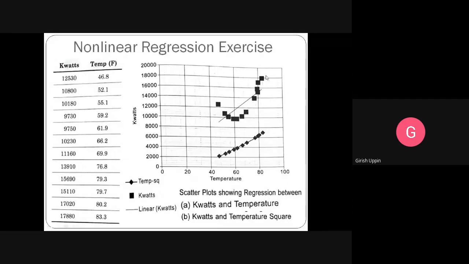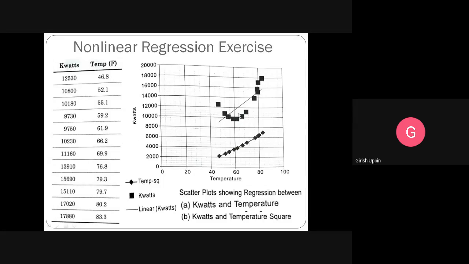Now, if we try to fit a linear line, it may not explain the data. You can see here the linear line fitted to this data, and it doesn't explain all the data points properly, because the nature here is curvilinear. So this graph shows the kilowatts and the temperature.